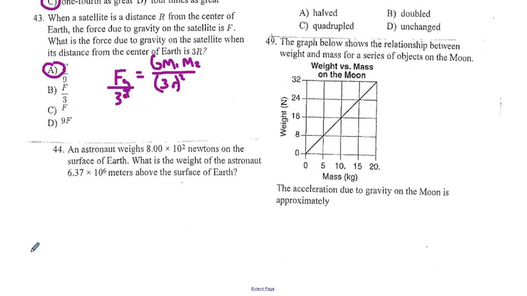All right, this one's a little tricky, and you have to imagine we have the Earth. The Earth has some radius, and we have an astronaut standing on it, not to scale. They are originally an Earth radius away from the center, meaning that when I stand on the surface of the planet, I am the radius of that planet away from the center.